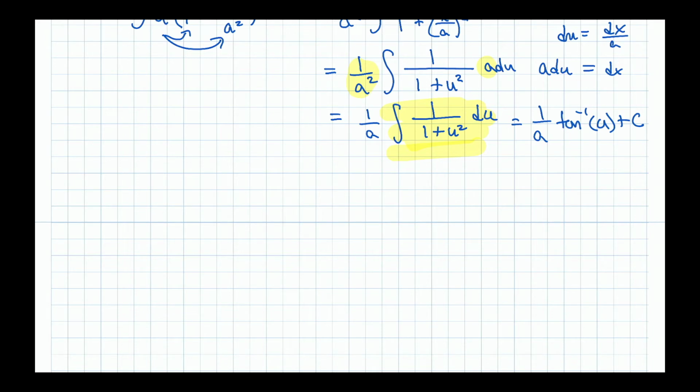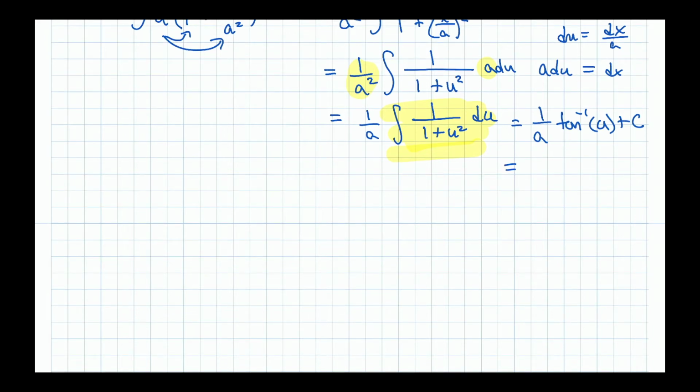Okay, and then we replace the u back with what it is. So what is u? It was x over a plus c. And that's the formula that you're going to remember.